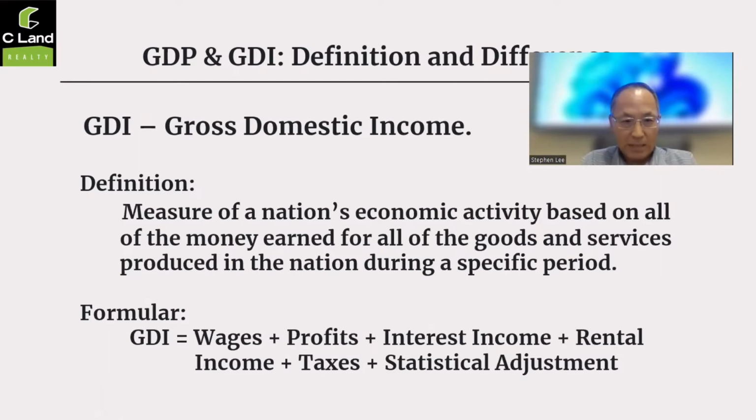The definition is the measure of a nation's economic activities based on all of the money earned for all of the goods and services produced in the nation during a specific period. So this GDI is a totally different approach, but in a sense, it's kind of opposite.